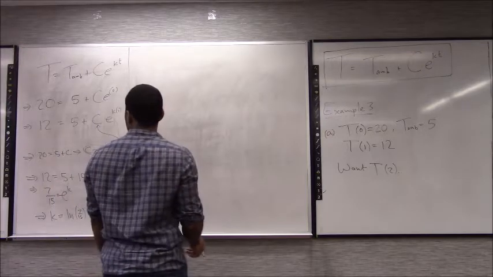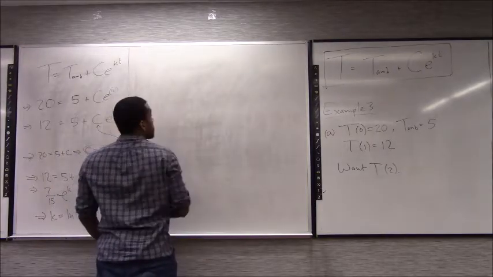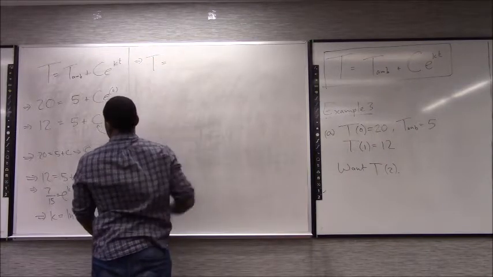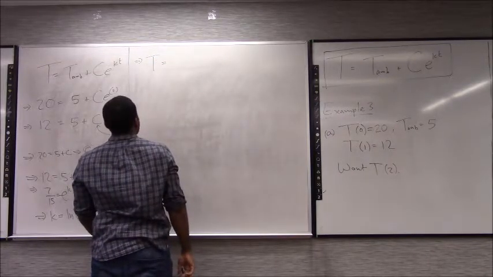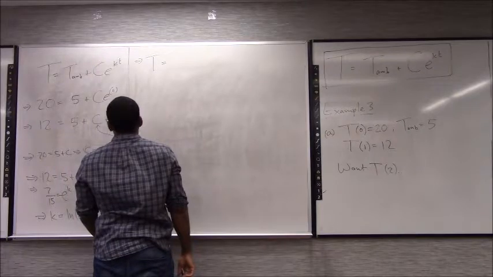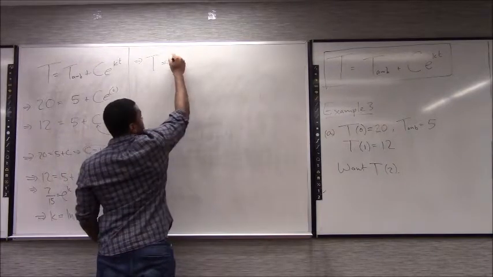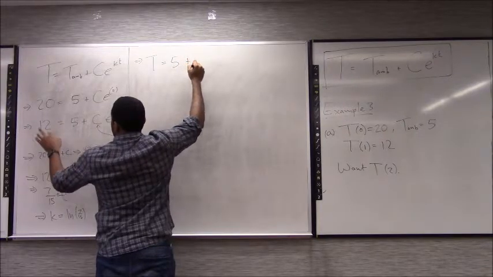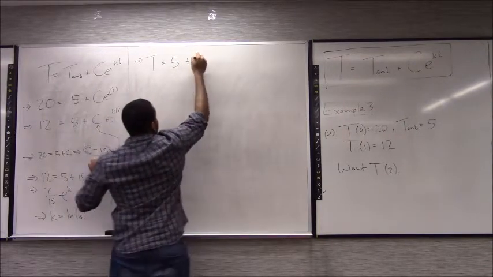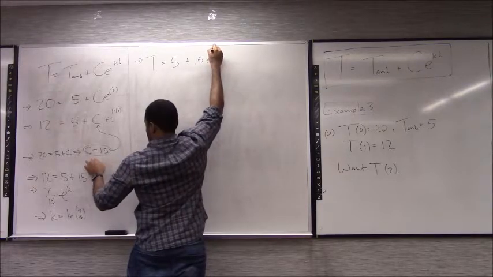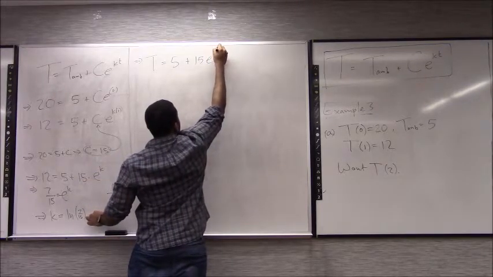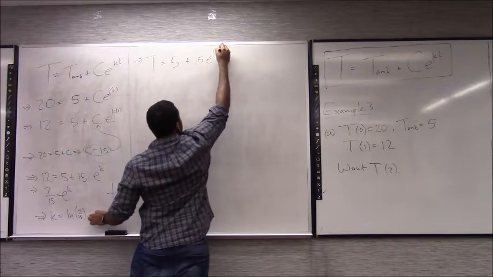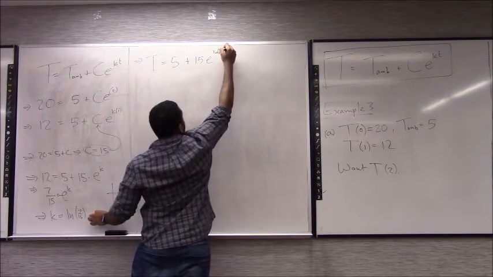So what do we have here? T equals 5 plus 15 e to the ln of 7 over 15 times t.